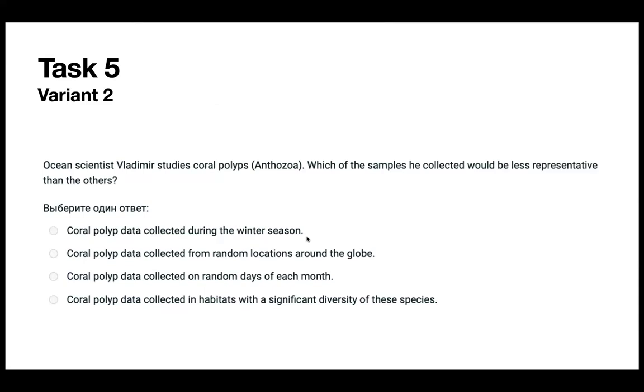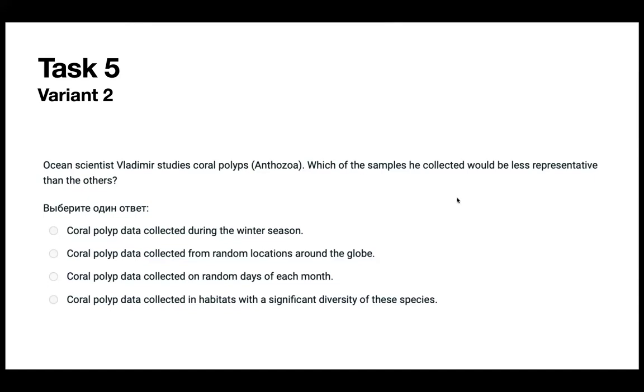It's not representative at all. Then we got data from random locations around the globe, and that's, as in the first variant, the most representative way to collect data. On random days of each month, that's pretty representative too, but not like the second.